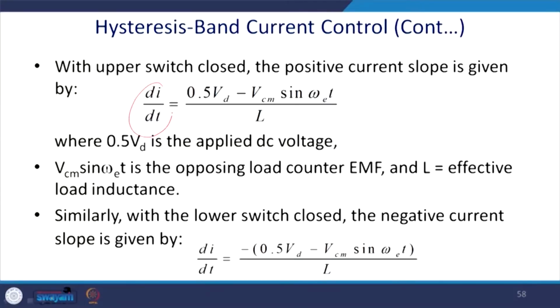So, L di/dt equals 0.5 Vd minus Vm sin omega t, where 0.5 Vd is the applied voltage and Vm sin omega t is the opposing counter EMF, or the PCC voltage, and L is the effective inductor connected. Similarly, when the lower switch is closed, the current slope will be negative, given by minus 0.5 Vd minus Vm sin omega t by L.